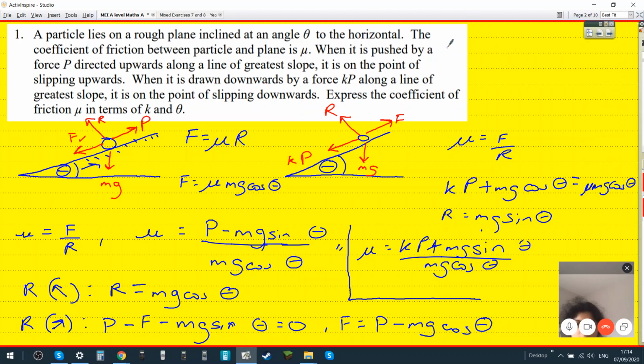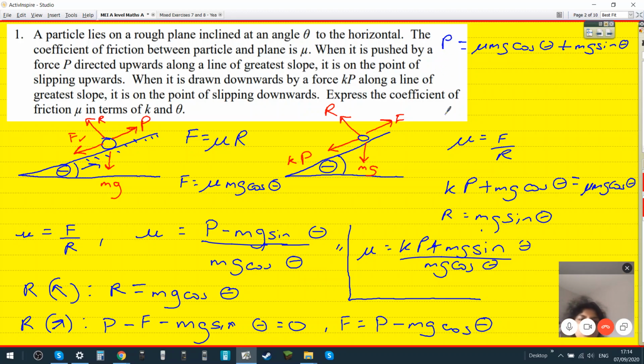Okay. So P equals, and instead of F, we use mu mg cos theta plus or minus mg sine theta. I think minus, but I'm not sure.